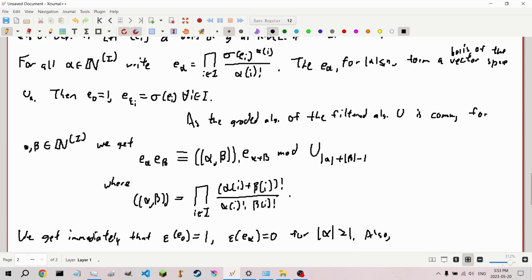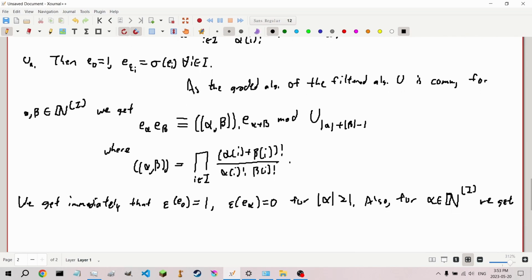Also, we see that for alpha in the naturals indexed by I, the coproduct of E alpha is the sum across beta plus gamma equaling alpha of E beta tensor E gamma.